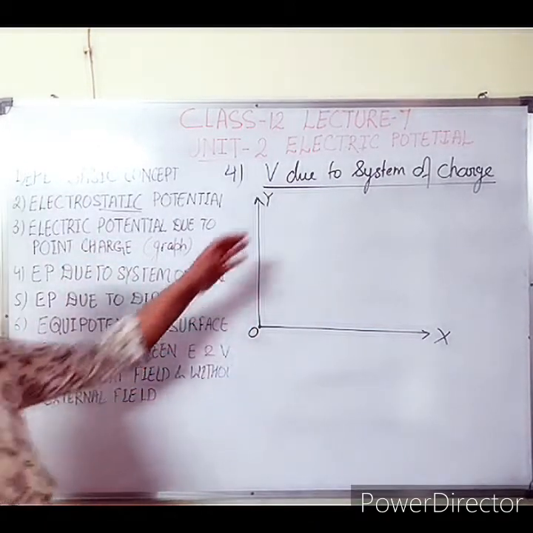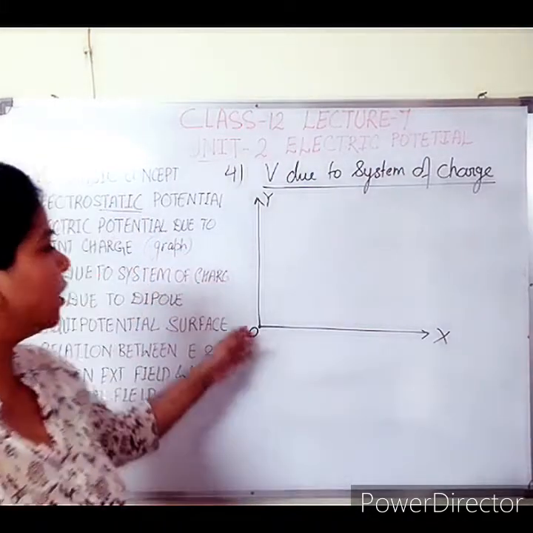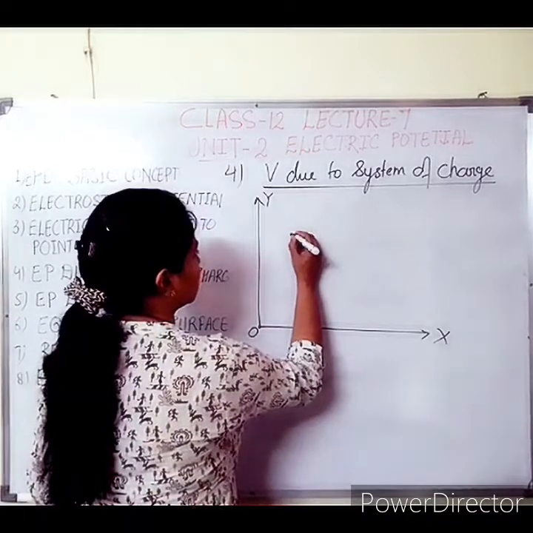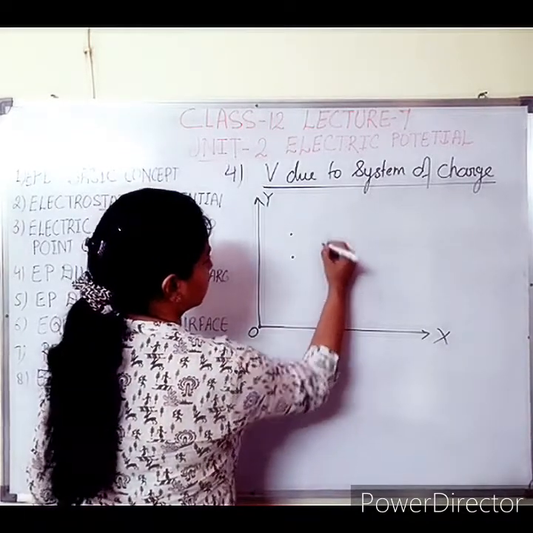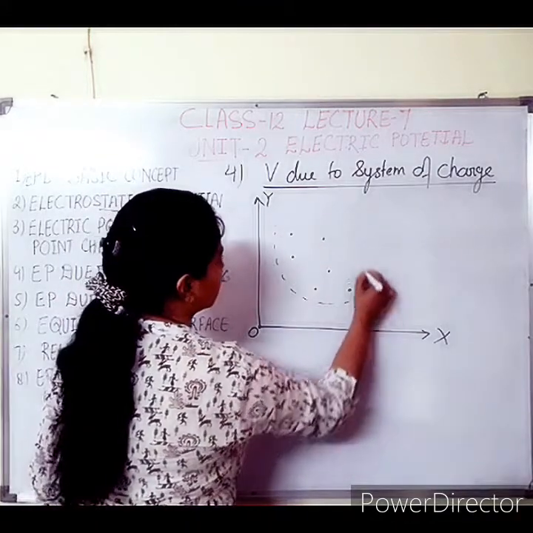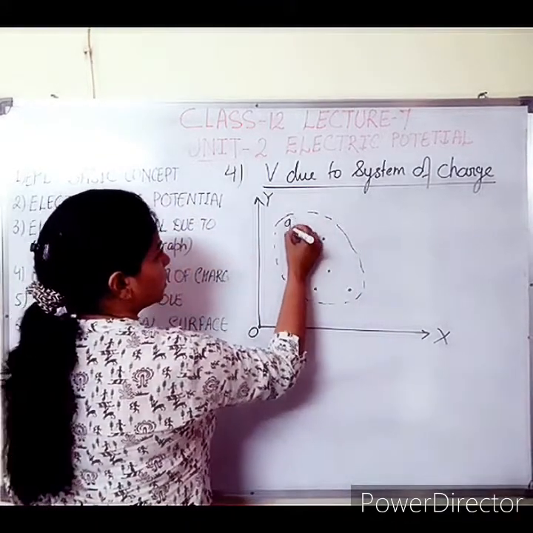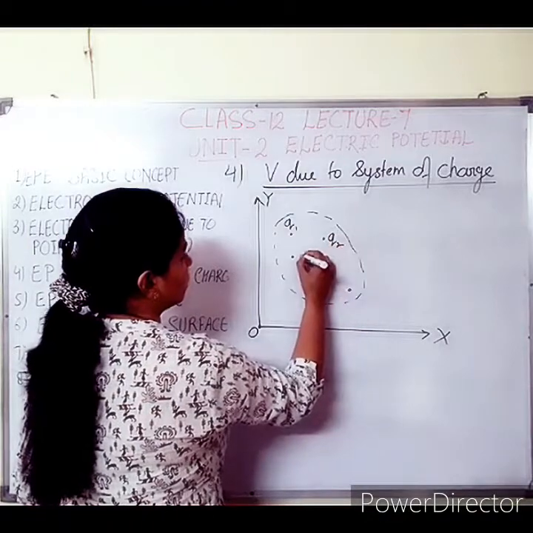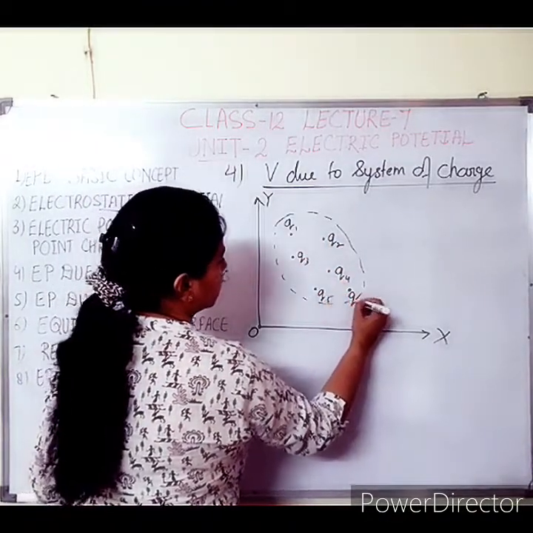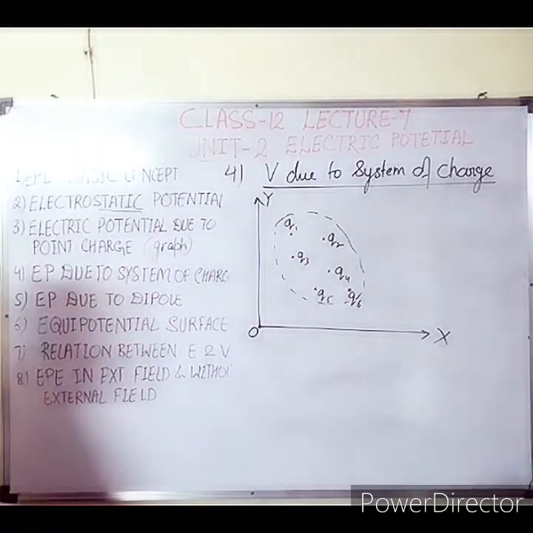We have to consider many charges. A system of charges is given, so we can't take only one charge. So let us take many charges. This is a system of charges. Here it is Q1, Q2, Q3, Q4, Q5, Q6 and so on. So many charges we can take.